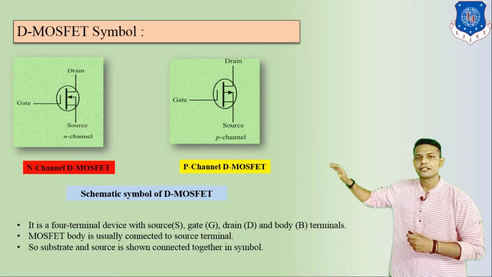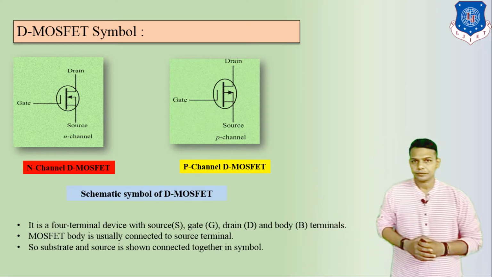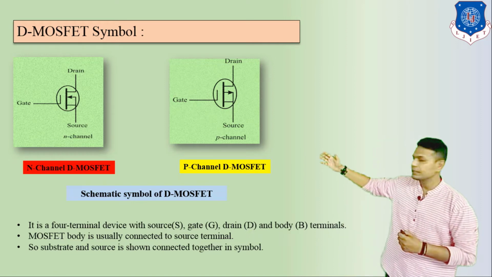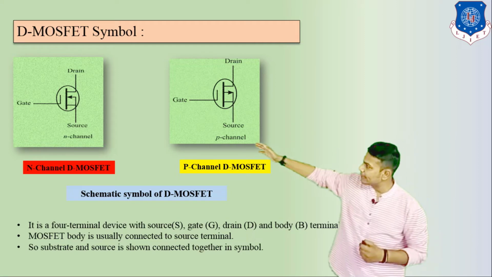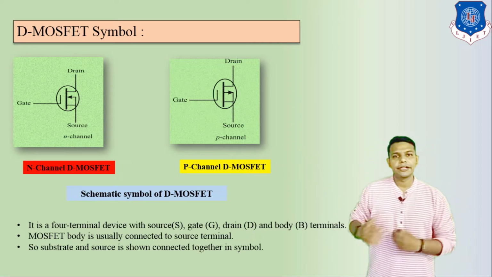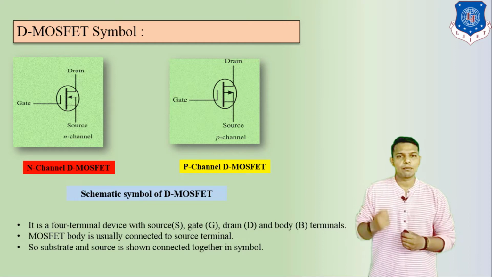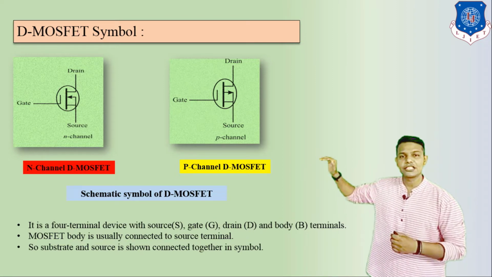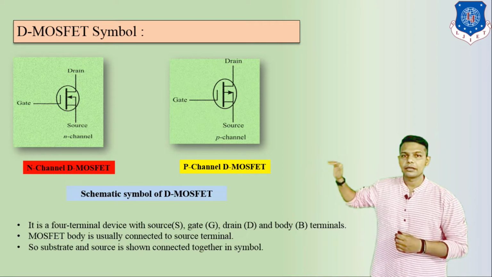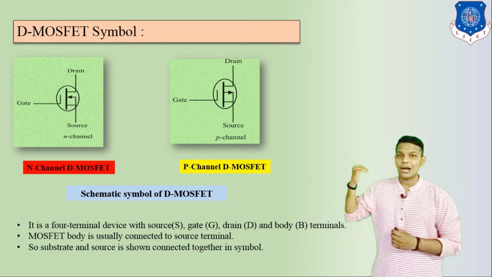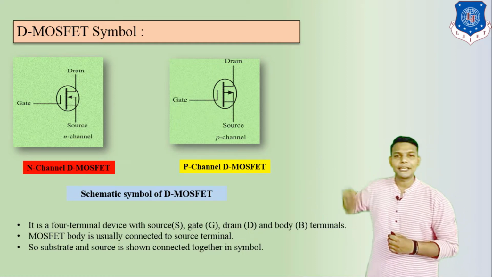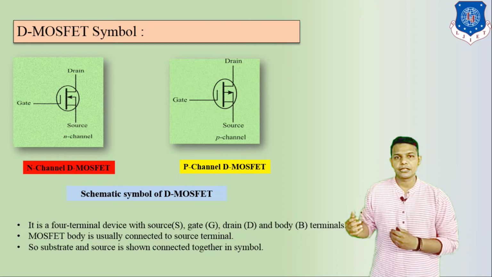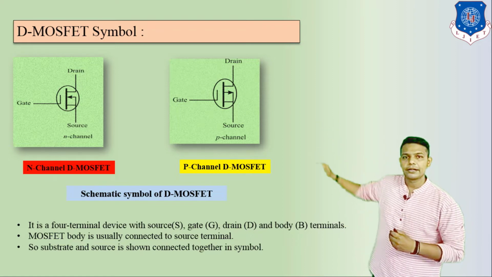So let us start with its symbol and its construction. Here we can see the symbols of D-MOSFET. This is the P-channel symbol, and this is the N-channel D-MOSFET symbol. There is a small difference between N-channel and P-channel. If the arrow goes inside, it is known as N-channel D-MOSFET, and if the arrow comes outside, that represents P-channel D-MOSFET. There are three similar terminals: drain, gate and source.